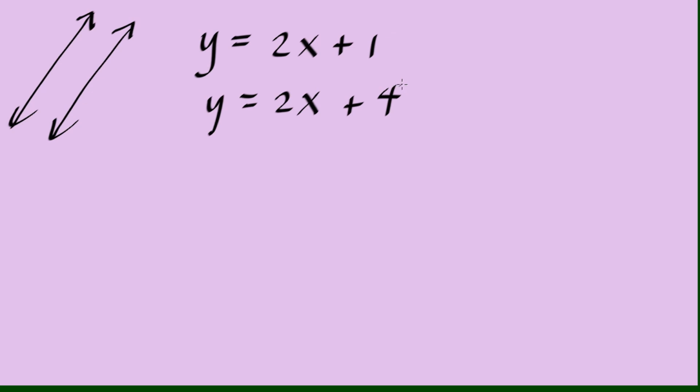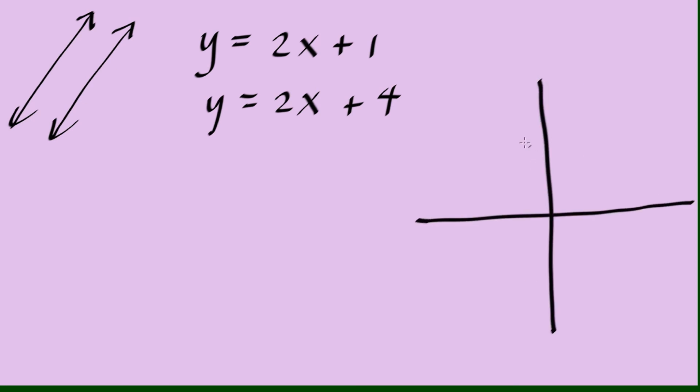So these equations are already in the form y equals mx plus b, slope-intercept form, so we just have to grab them. The first y-intercept is 1, and then the slope is 2 over 1, so we're going to rise 2, and then run 1.